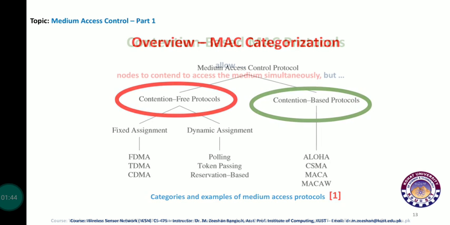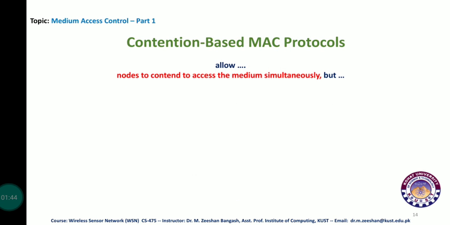Now the contention based protocols are another type of MAC protocols that allow the nodes to access the shared medium simultaneously, but there is always a danger or a risk of collision, so the mechanism needs to control the collision process.